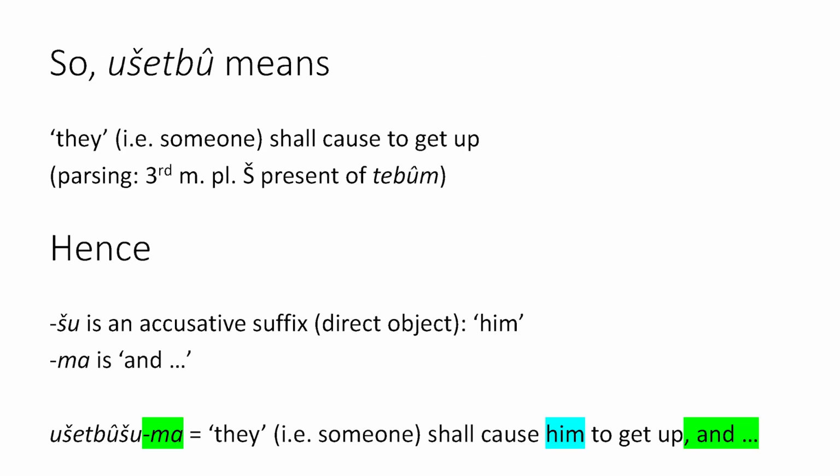Our full parsing, then, is that in Ušetbû we have a third masculine plural Š present of tebûm, to get up, meaning they, or someone, shall cause someone else to get up. It follows that šu is the accusative suffix and that ma means and, so that the full form Ušetbûšu-ma means they or someone shall cause him to get up and something else will happen.